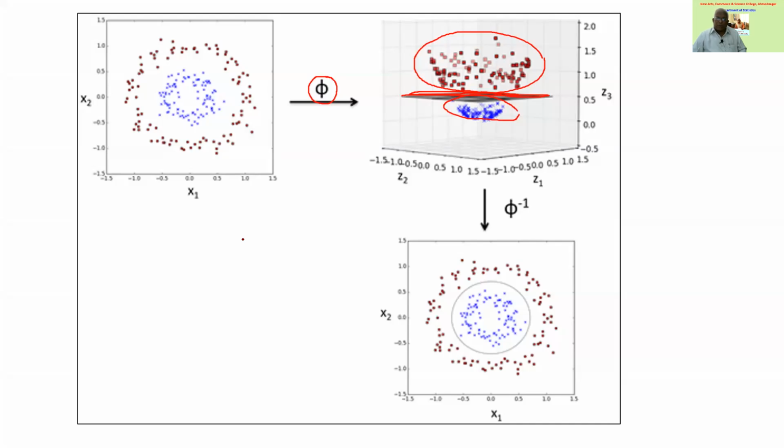Now, if you take the inverse function, the inverse transformation, the inverse kernel, you will again come back to the original figure, and you will see that these two images are the same.